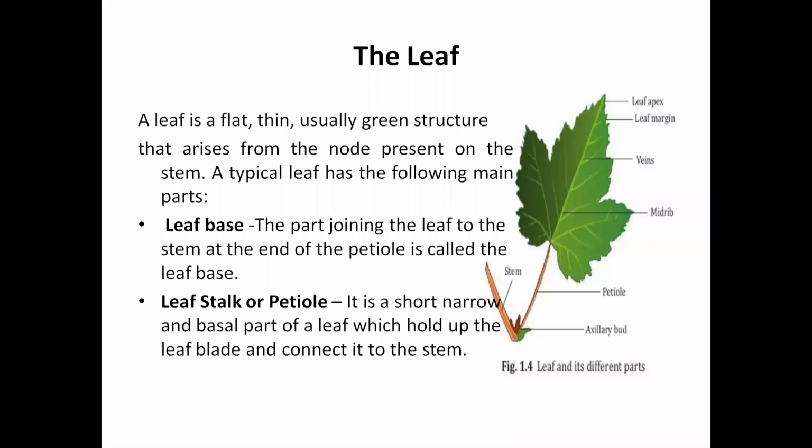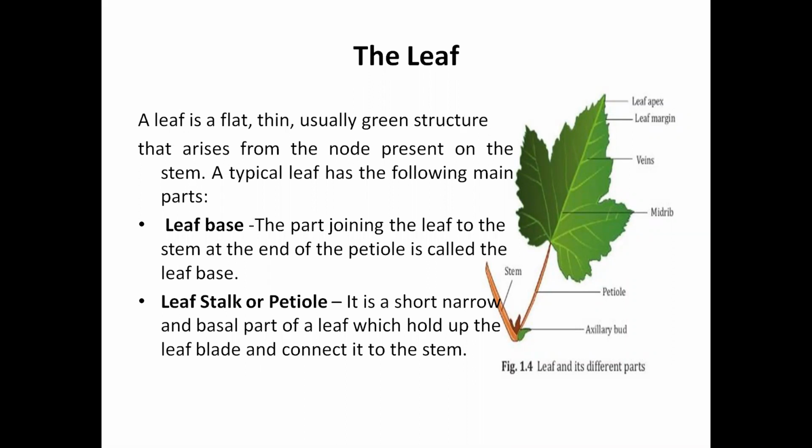First is the leaf base. The part joining the leaf to the stem at the end of the petiole is called the leaf base. It is a small and slightly swollen part by which a leaf is attached to the stem. Next is the leaf stalk or petiole.